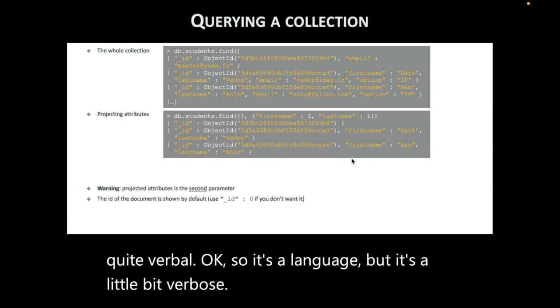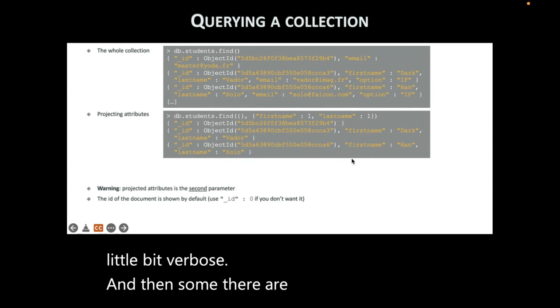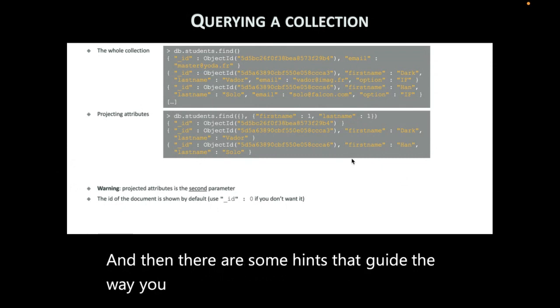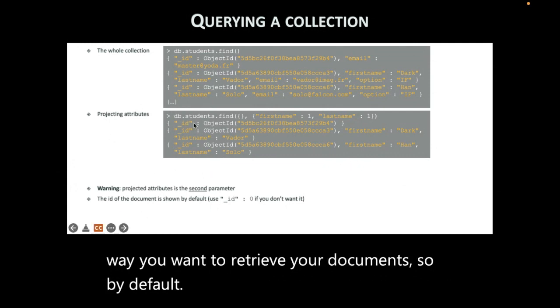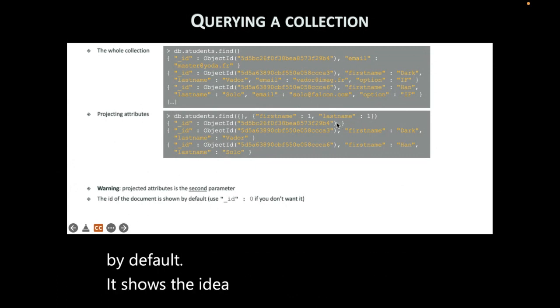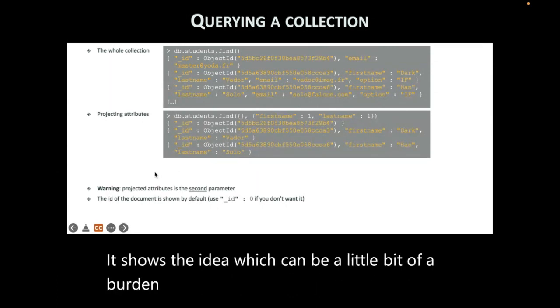And then there are some hints that guide the way you want to retrieve your documents. By default, it shows the ID, which can be a little bit of a burden because you have the object ID.